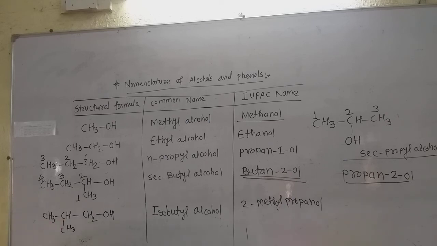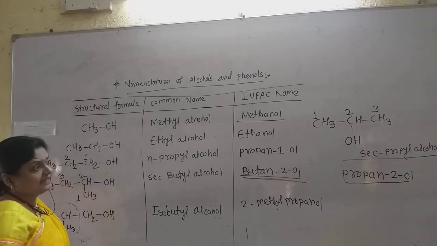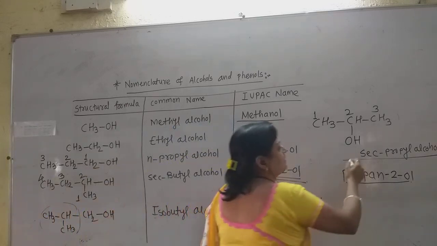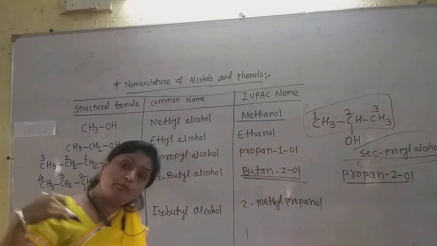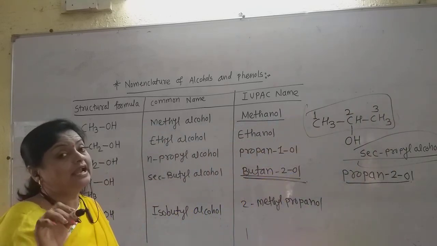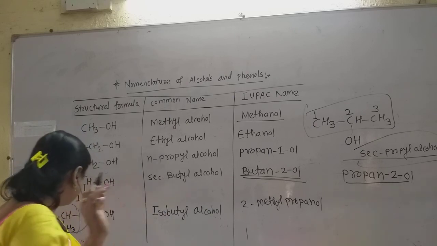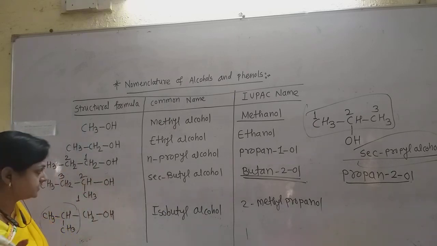But if the molecule contains such a grouping, remember that. Now these are the iso groups. Only in the propyl group are secondary and iso similar. But from the butyl group onward, secondary and iso have different structures.